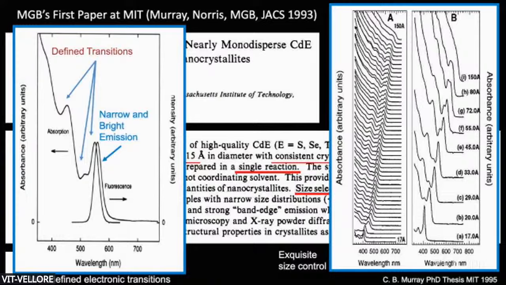What you see in this series of absorption samples is that the difference between any two of these spectra is at most a couple handful of atoms that we're adding to the surface. So this really showed the exquisite control of the size that we had with this very simple process. Exquisite control at the atomic scale.